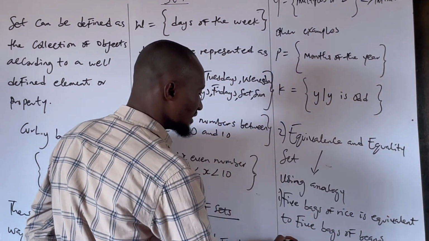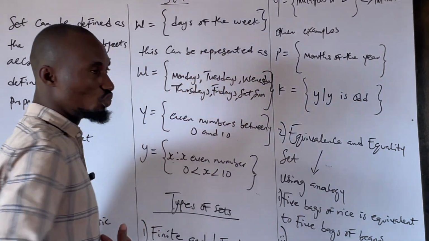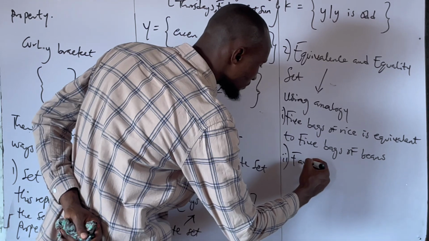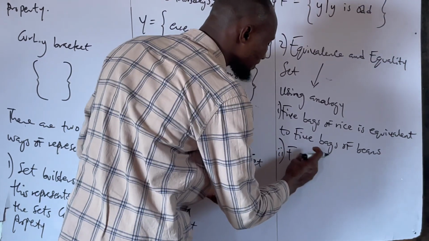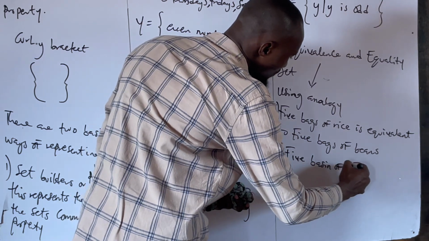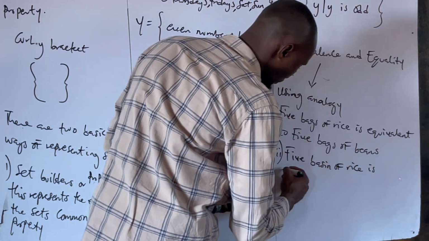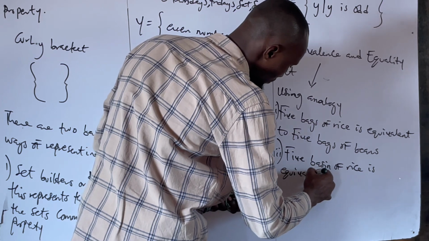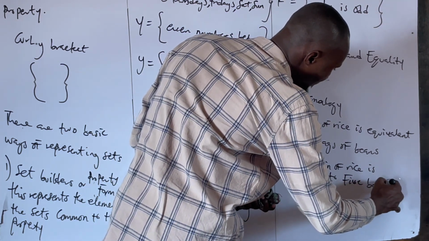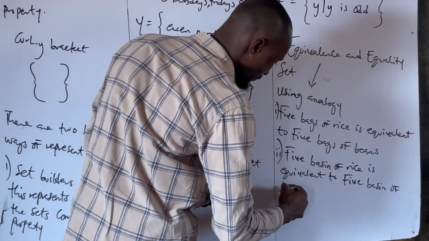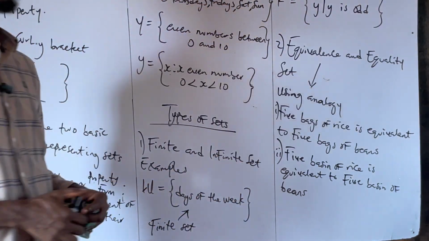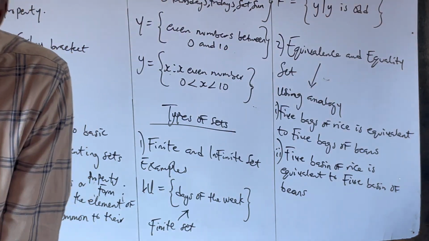Second analogy, using what we all know: 5 basins of rice is equivalent to 5 basins of beans. Did you understand now?